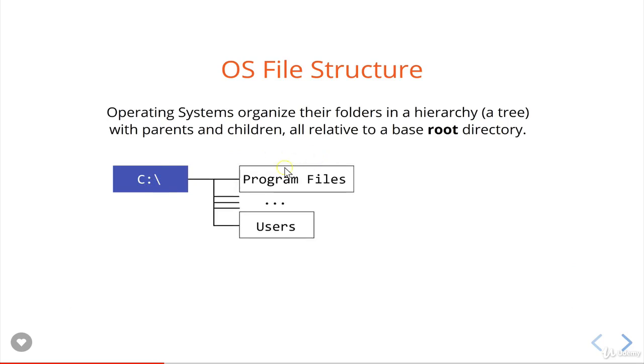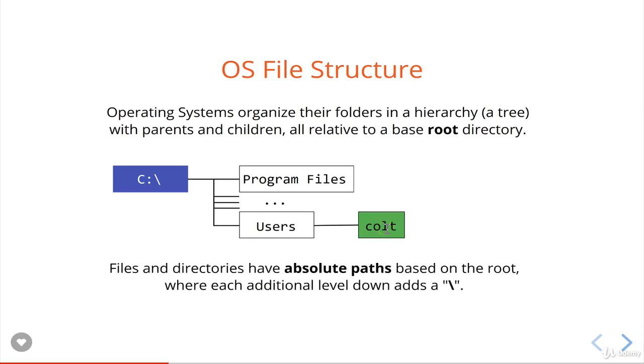For example, if I had two directories inside, one called program files, another called users, and then inside of users, I had another directory called cult, I would access cult first by referencing the \, and then the next layer down, users, and then the next layer down, cult. But it's separated always with these \. So each layer through, I need to add a \.